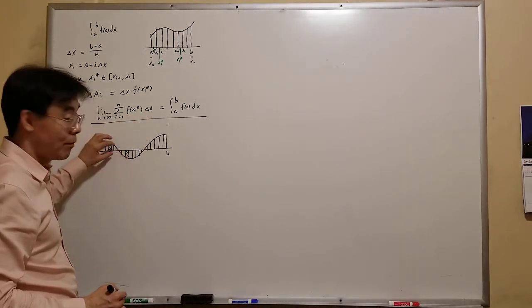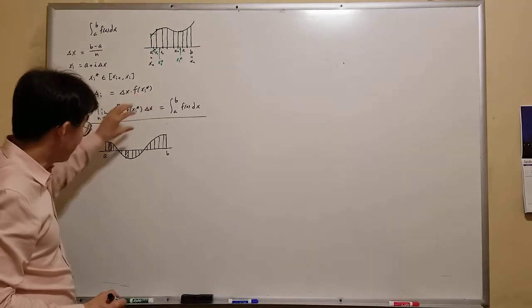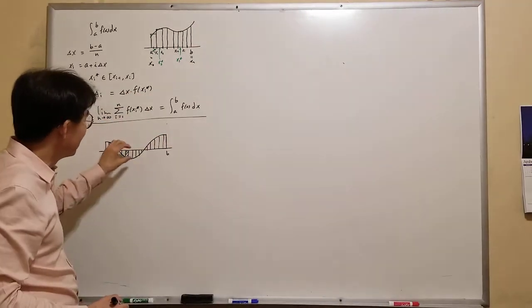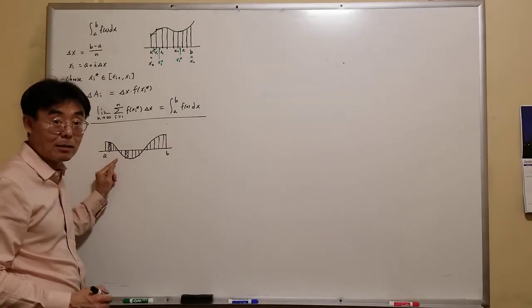So the first group of rectangles represents the area of this rectangle, the area of this rectangle, but the negative of the area of this rectangle.